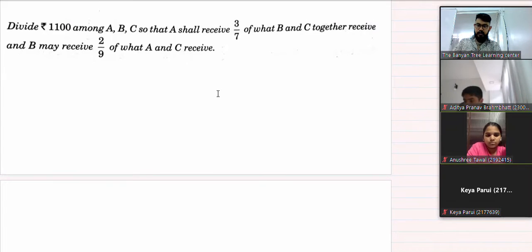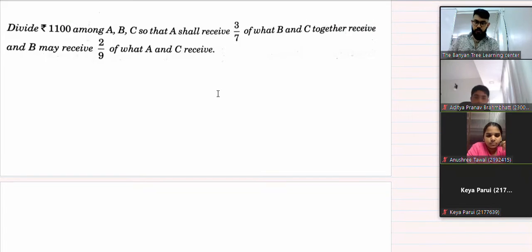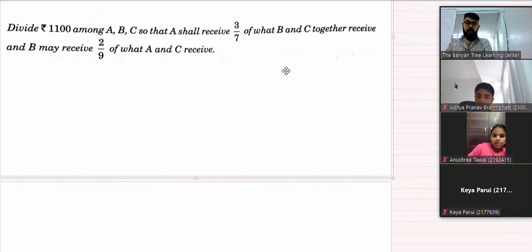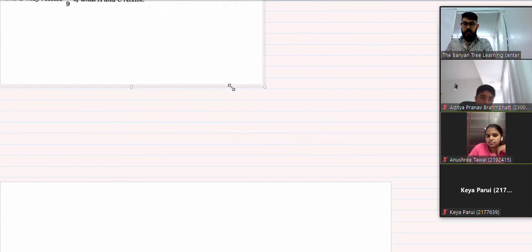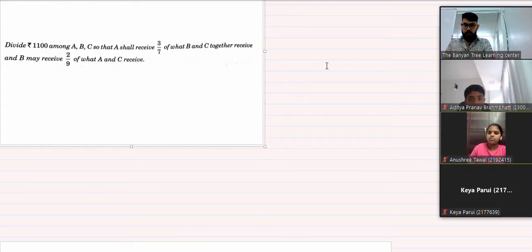Divide rupees 1100 among A, B and C so that A shall receive 3 by 7 of what B and C together receives, and B may receive 2 by 9 of what A and C together receives.